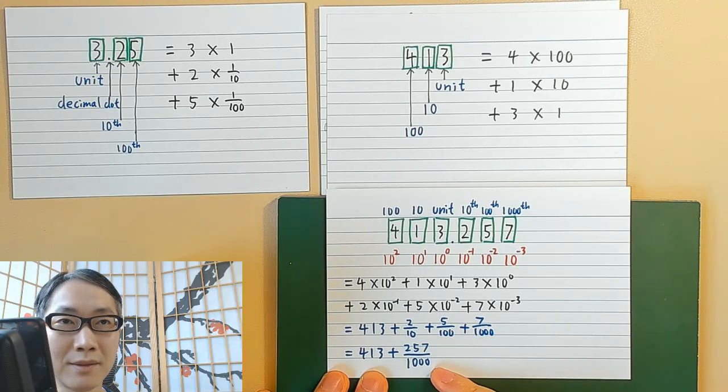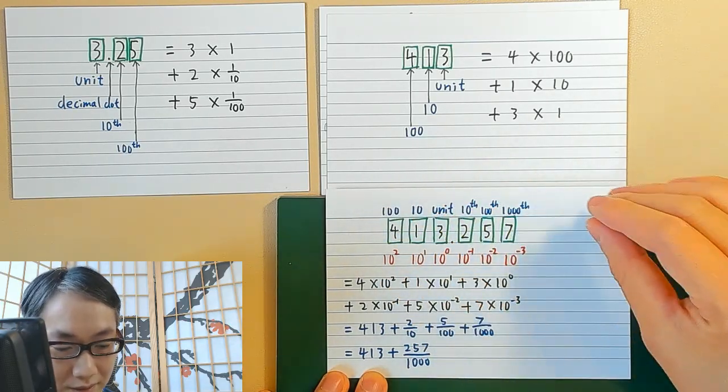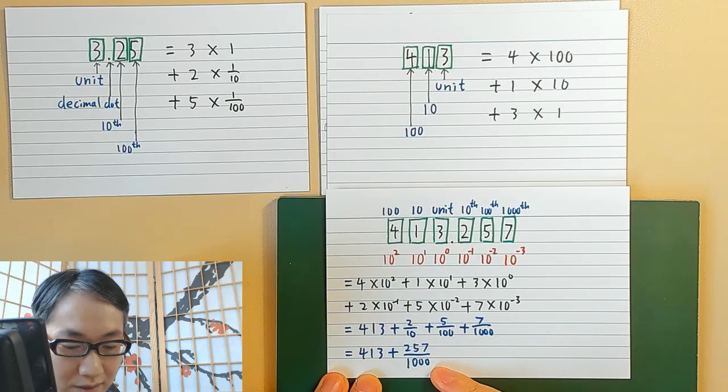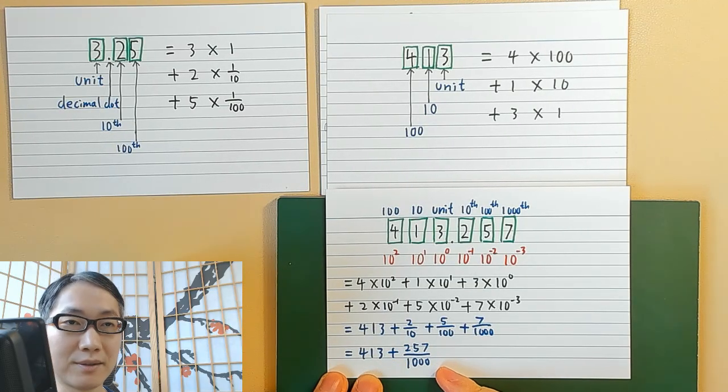So any decimal number can be expressed as an integer and a fraction like this. And the fraction's denominator is always 10 to the power of something, 10 to the power of an integer.